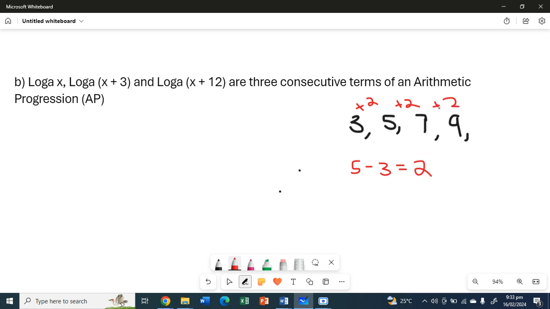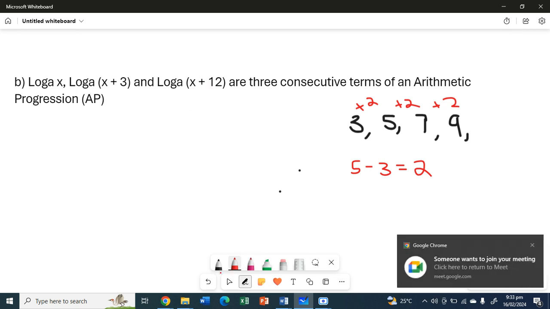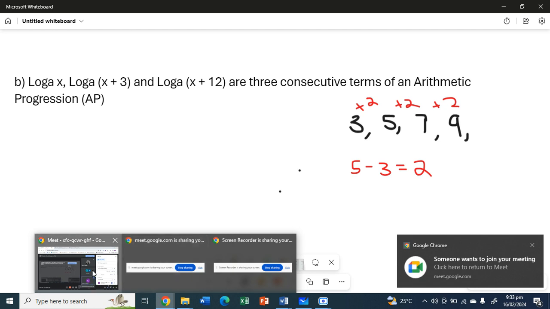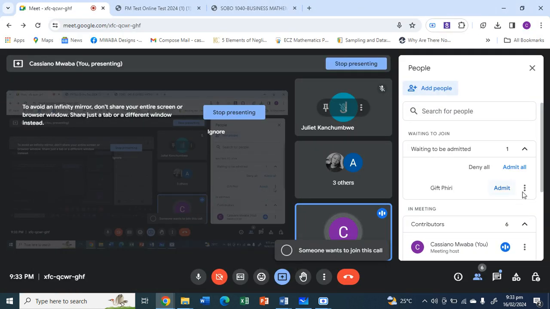So it goes on. So here, we're also going to first list these logarithms and put them first in the form of an arithmetic progression.